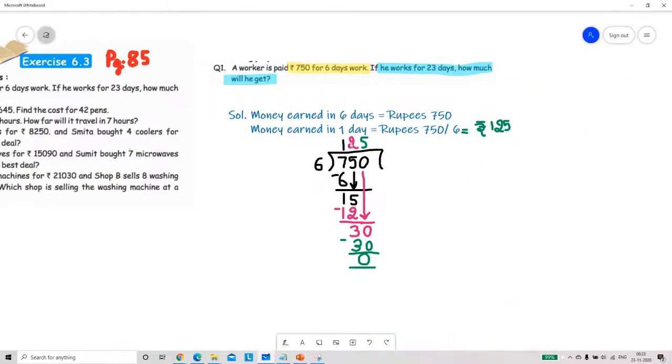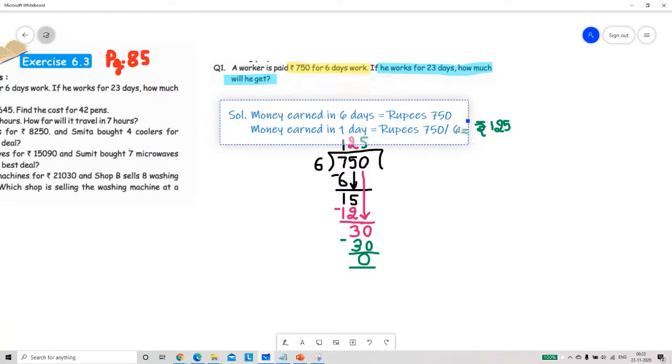So now we know that the money earned in one day was rupees 125. Now we have to find the money earned by the worker in 23 days. If the worker has worked for 23 days, how much money would he or she have earned? So let us find out.